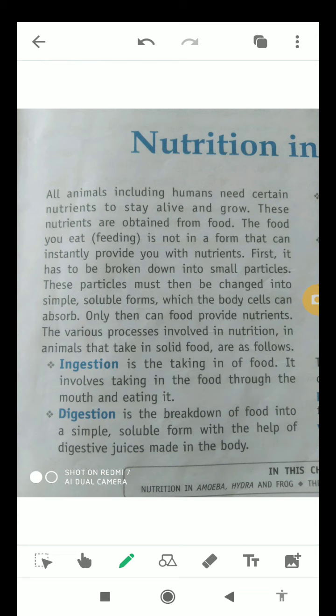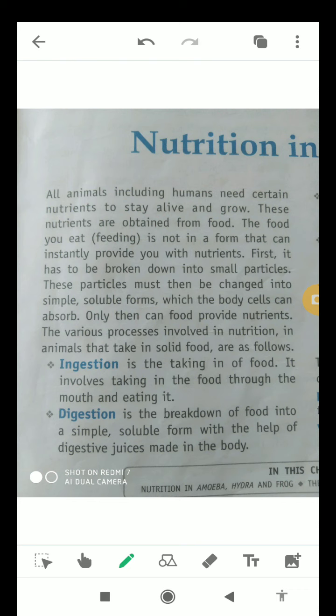Okay students, the various processes involved in the nutrition in animals that take in solid food are as follows. Number one is ingestion. This is the first process of nutrition. In this process, we take in the food, we take the food into the mouth and eat it. Okay. Next step is digestion.